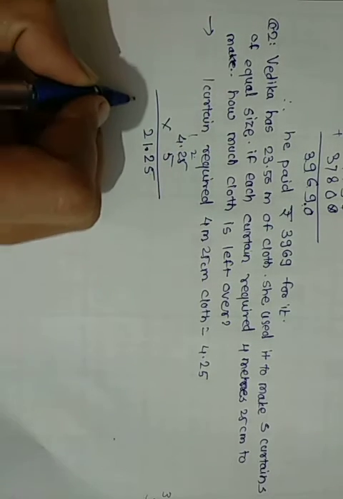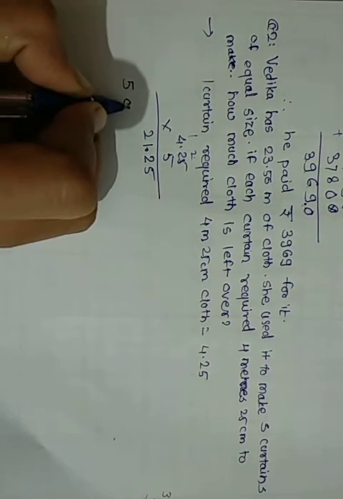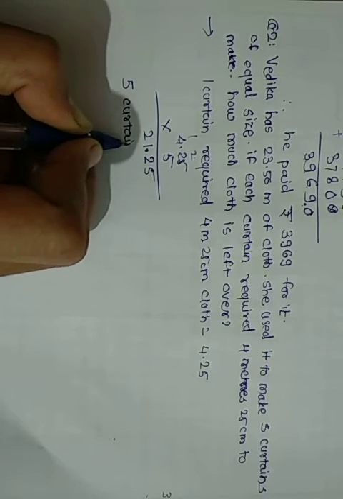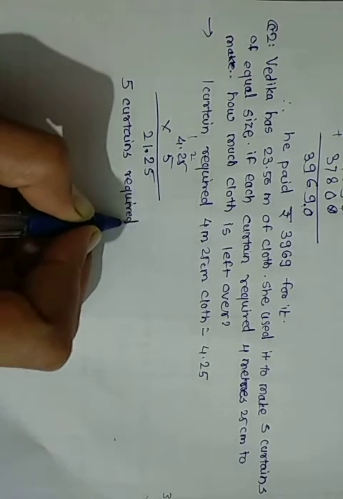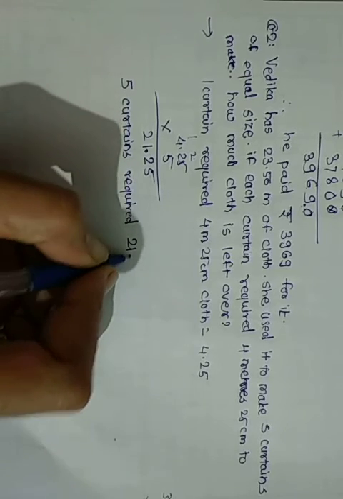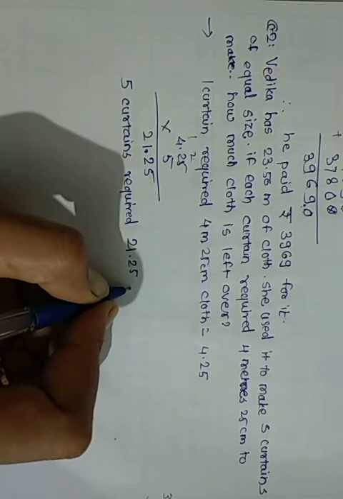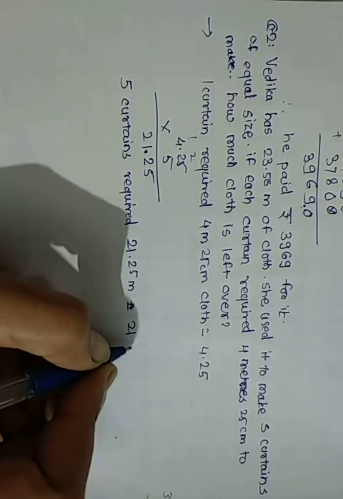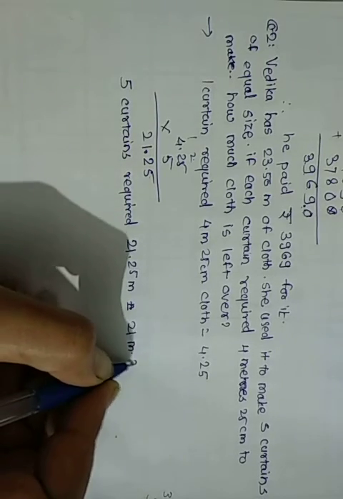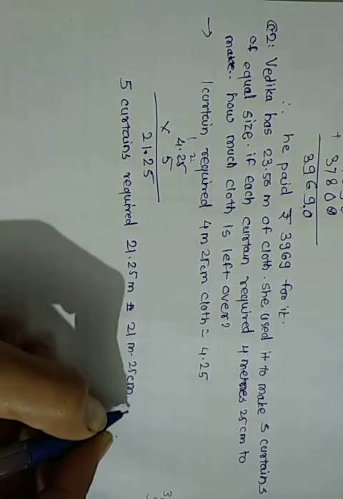So 5 curtains required 21.25 meter, means 21 meter 25 centimeter cloth.